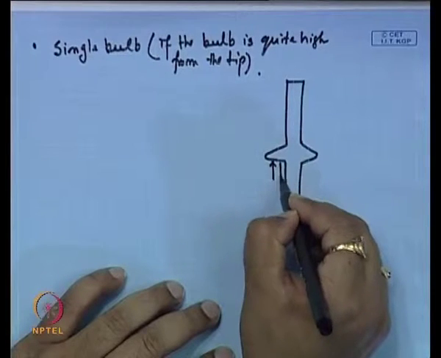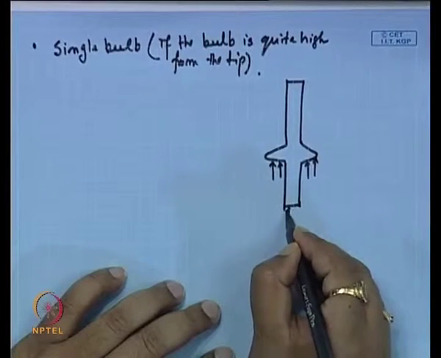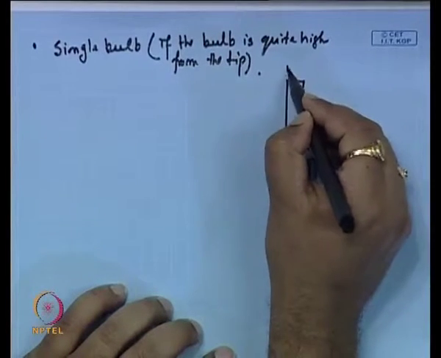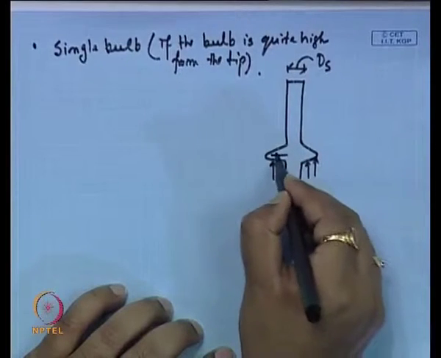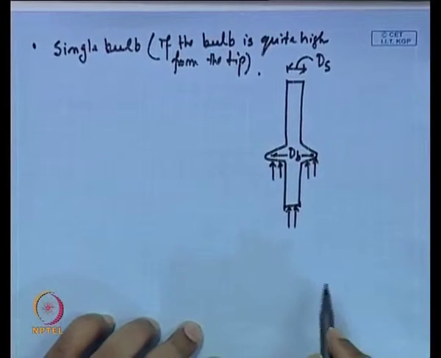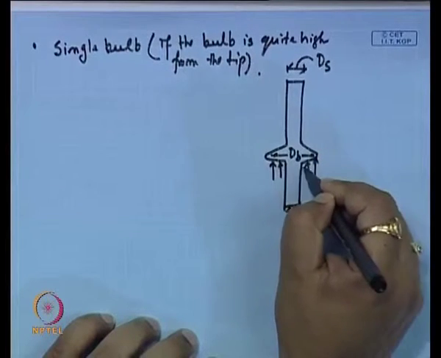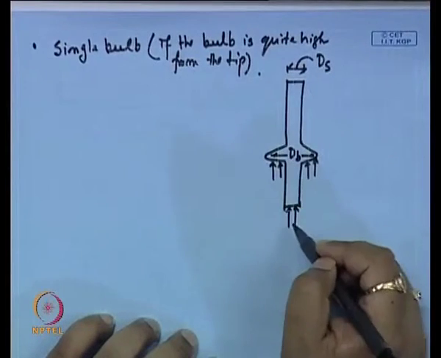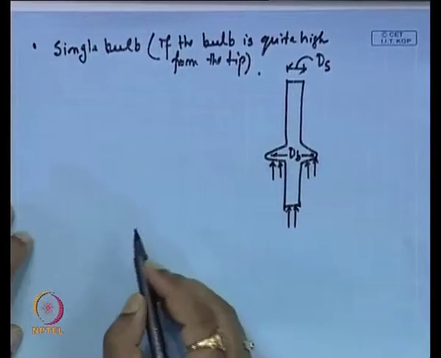Here we get friction resistance at this bulb level, and another tip resistance from the pile tip. Again this is the diameter of the shaft, and this is the bulb diameter d B. We get tip resistance at the tip of the pile and at this bulb level also, from this enlarged portion. But when the bulb is very close to the tip of the pile, we consider resistance only from the enlarged portion of the bulb.